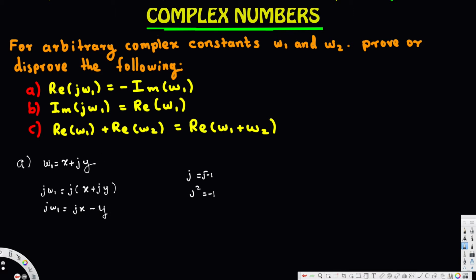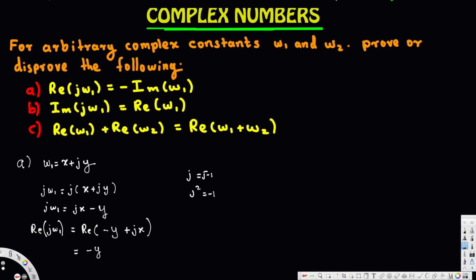Here the question is asking us to look for the real part of jw1. If I rearrange this, it is going to be -y, which is our real part, plus jx. jx is the imaginary part. So the real part is -y.